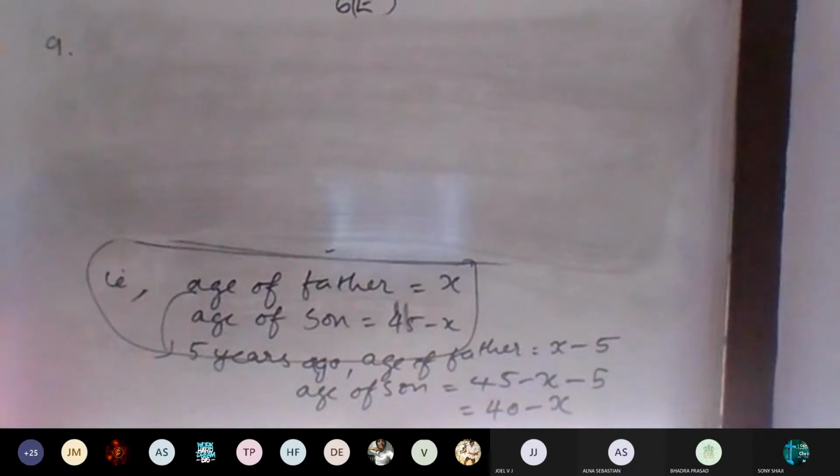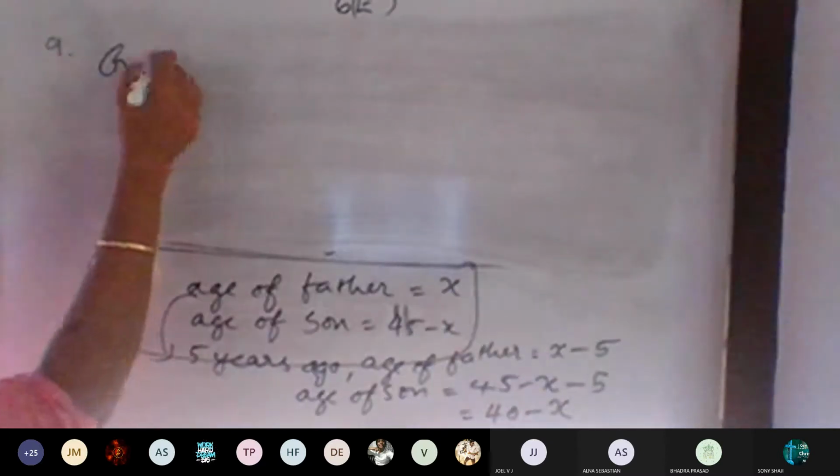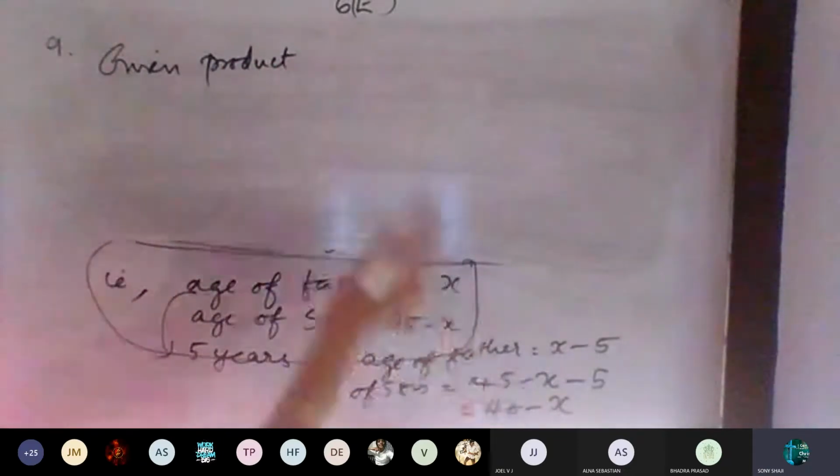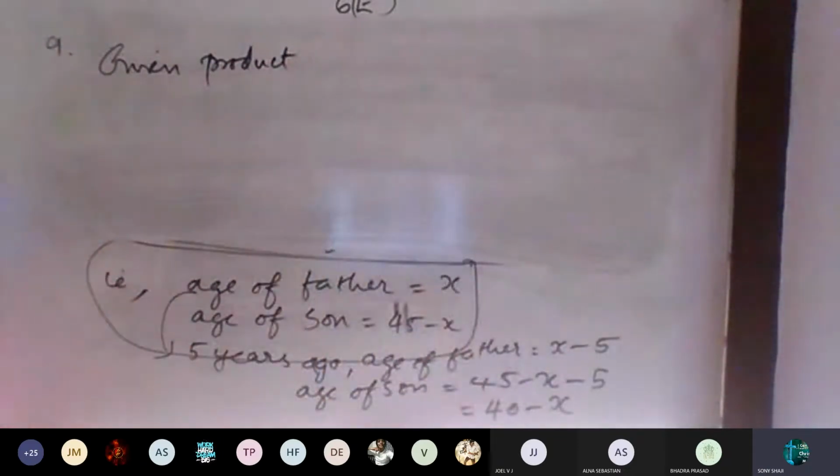Then 5 years ago, the product of their ages in years was 124. So how can we write? Given product of their ages, x minus 5 into 40 minus x is equal to 124. Solve it.